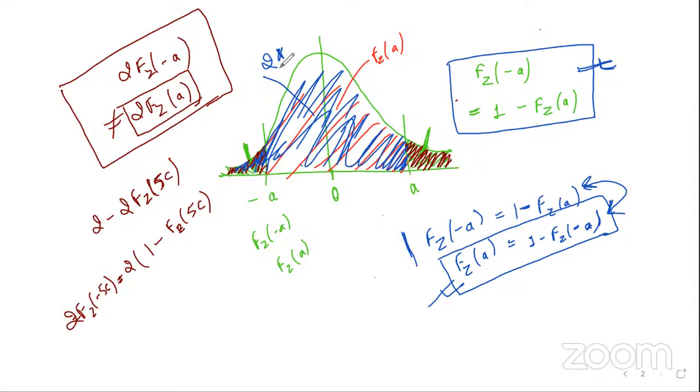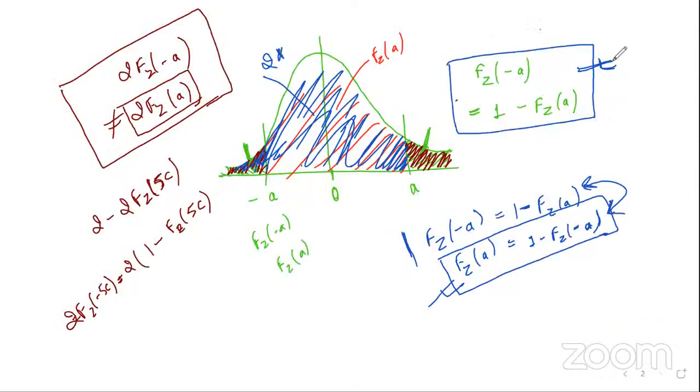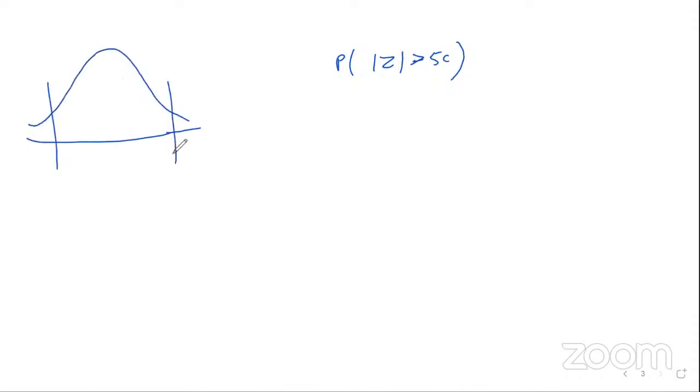Yes, ma'am. Okay, so let's go back to the question again. In the question, it was given that we had to find the probability of mod of Z greater than 5c, right? This is what we drew the graph for.